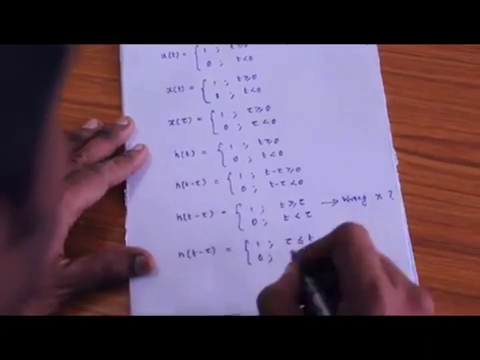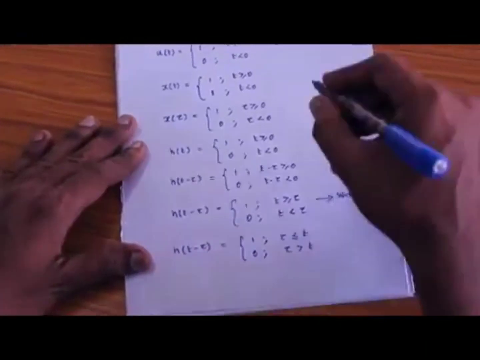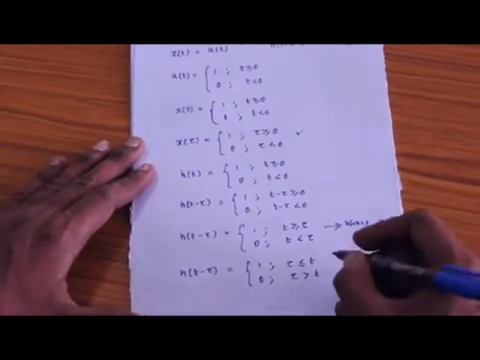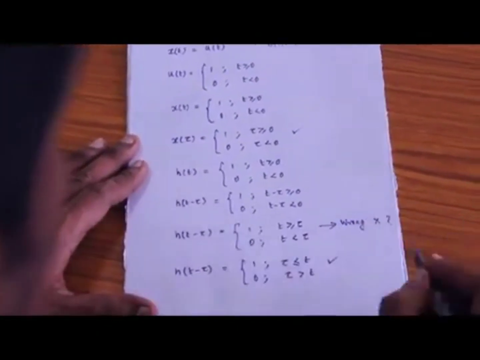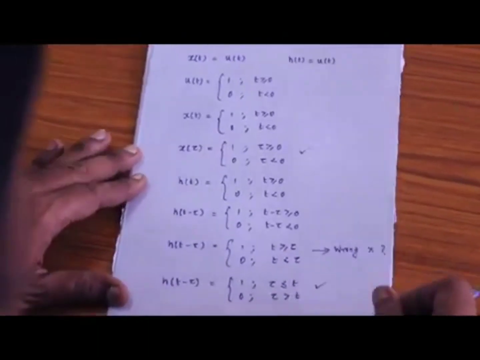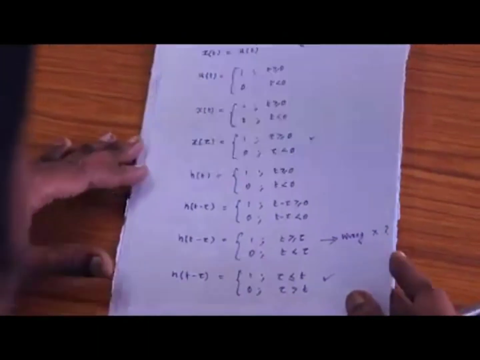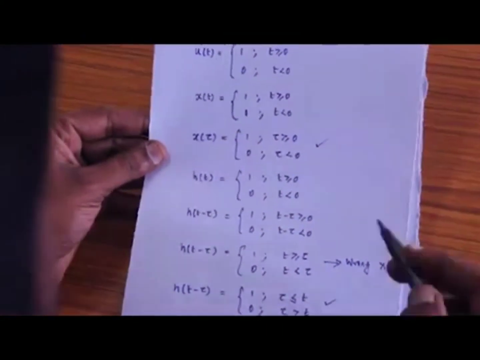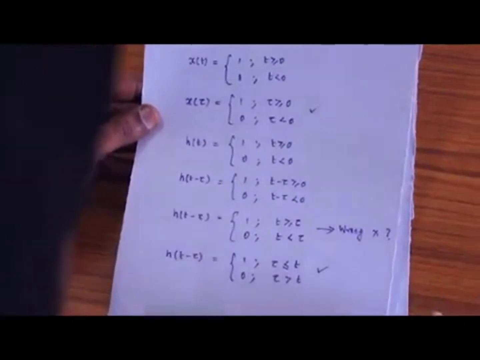Now we are writing this function with respect to tau. So x of tau is a function with respect to tau and h of t minus tau is a function with respect to tau. You should not write like this. Is it clear? Fine. So now, as per the convolution integral formula, we have written x of tau and h of t minus tau.